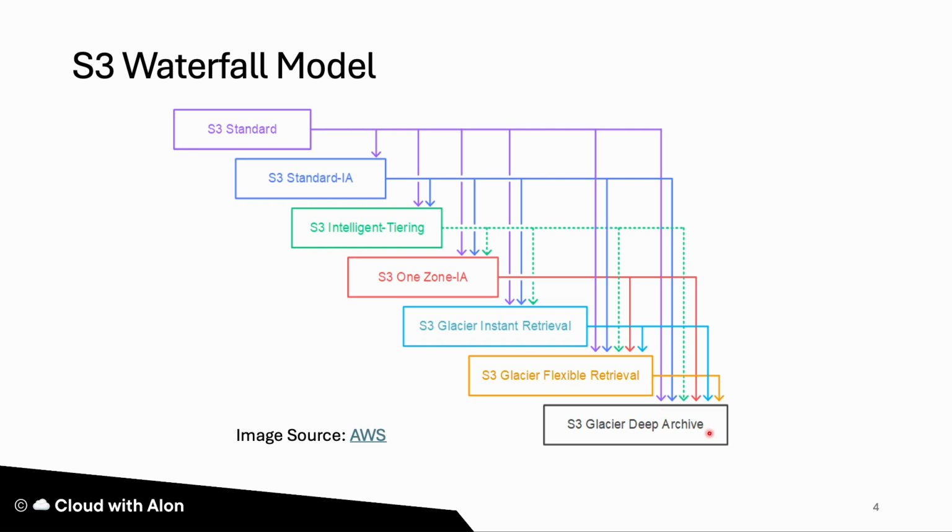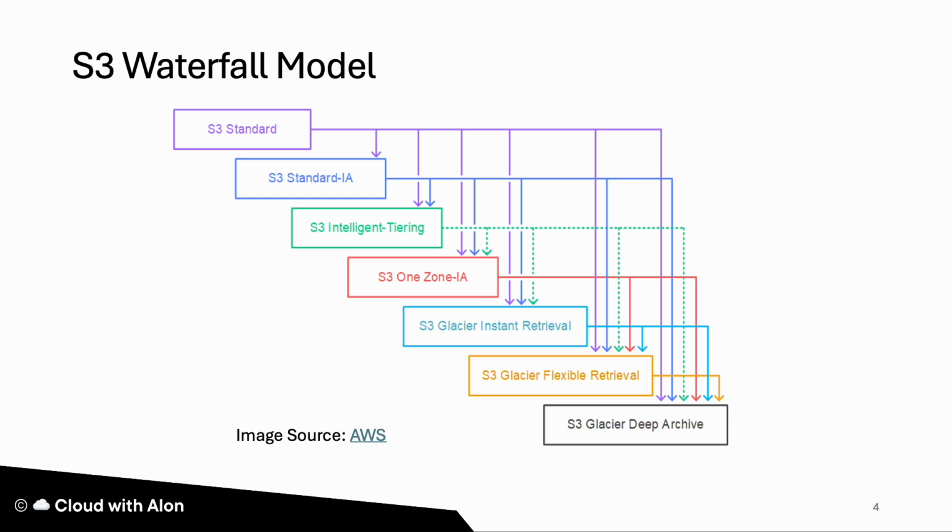There is no lifecycle rule that moves objects backward. So if you suddenly need a file that is stored in Glacier back in standard storage, you must first restore it and then copy it to standard, because AWS lifecycle transition does not support reverse mode. That is why lifecycle rules aren't just about cost optimization, they are architectural decisions as well.